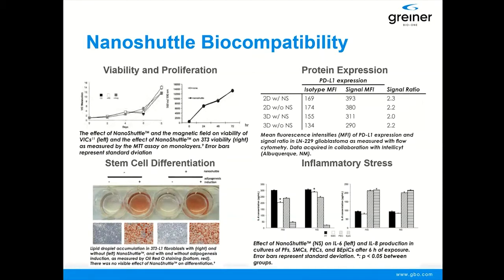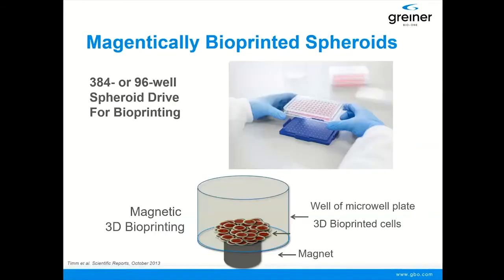We have a 5-page white paper that shows viability, proliferation, protein expression, stem cell differentiation, inflammatory stress, oxidative stress, and gene expression with and without the NanoShuttle, and there's no difference. So it's biocompatible. If you have any questions, just let us know, and we can send you the results and the white paper that compiles all of them.